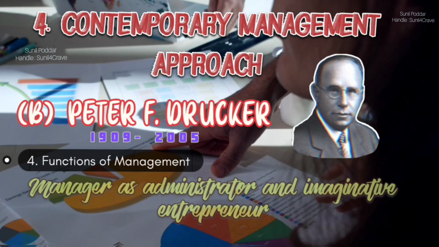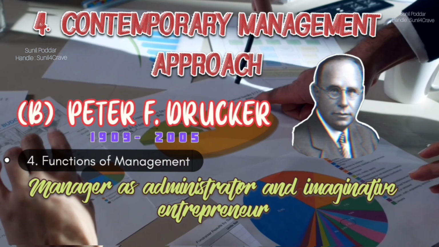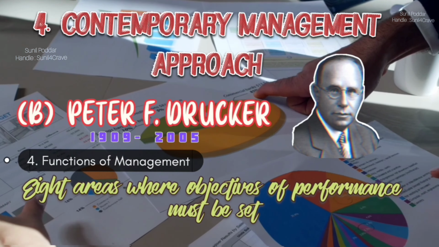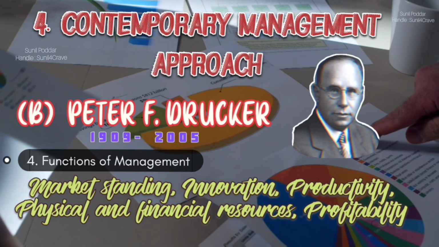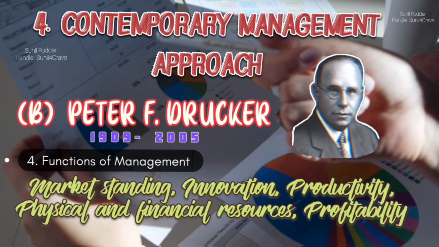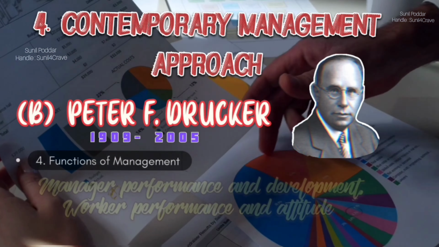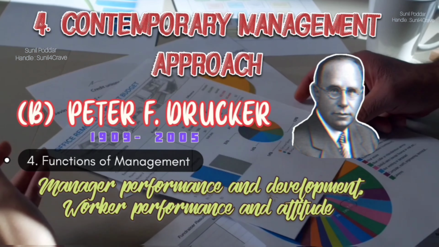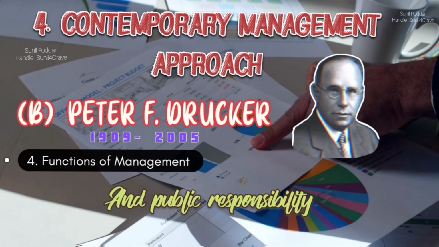A manager needs to be both an able administrator and an imaginative entrepreneur. The eight areas where objectives of performance must be set: market standing, innovation, productivity, physical and financial resources, profitability, manager performance and development, worker performance and attitude, and public responsibility.